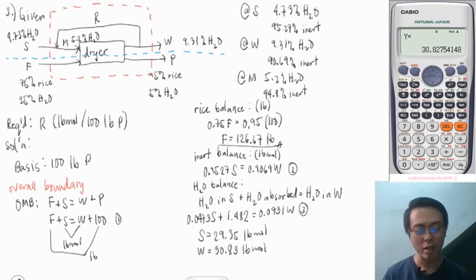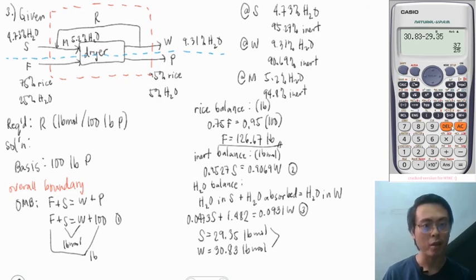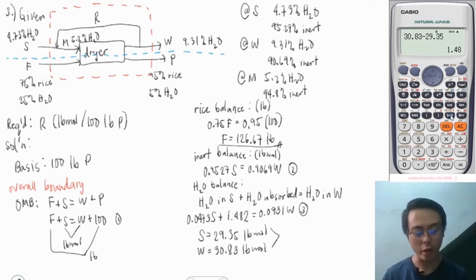If you subtract S from W, what do we have? 30.83 minus 29.35. The answer is 1.48, which was the amount of water that was absorbed. So we know that we are correct. 1.48 pound moles water absorbed.